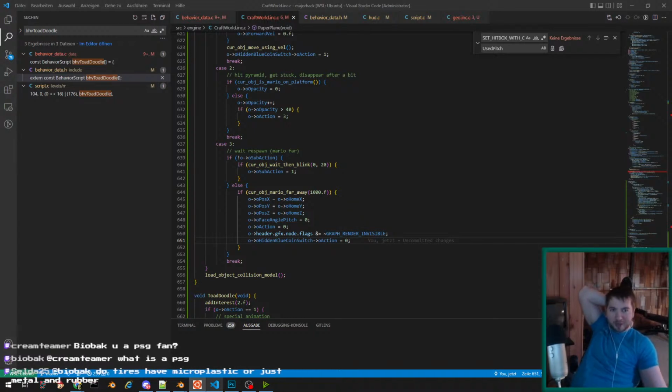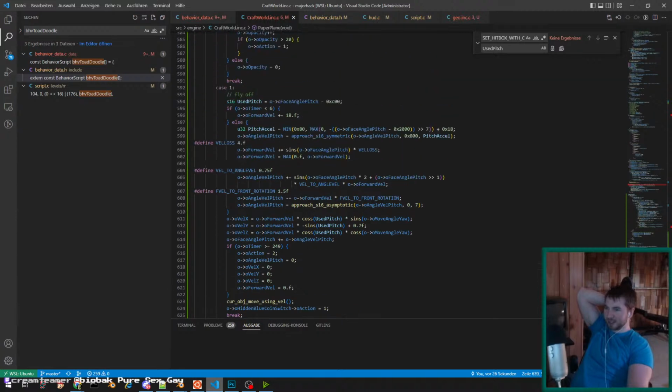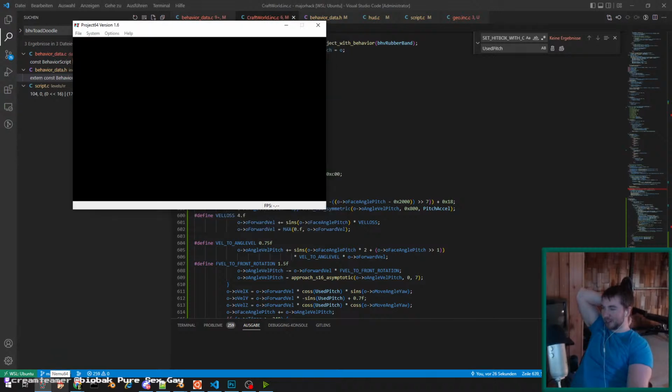Your breathing and meowing patterns can help to influence your breathing. PSG? Oh, I think I've heard this before. This is some looks maxing term, I think.